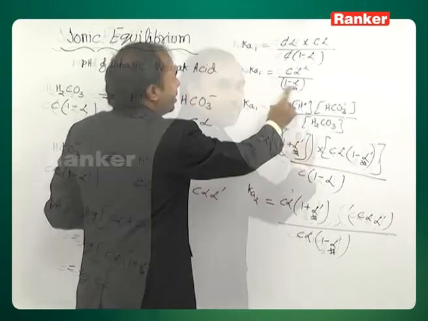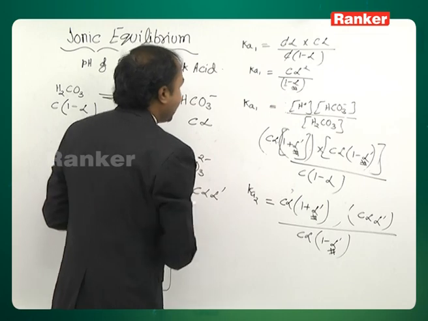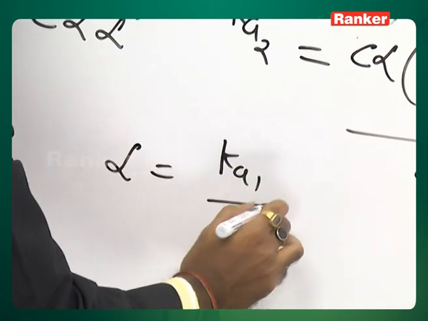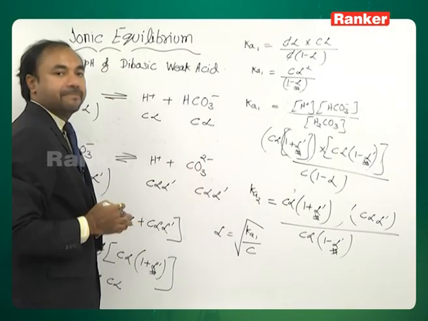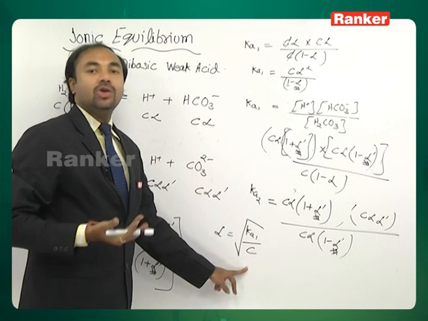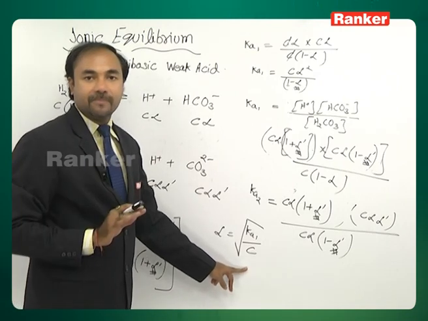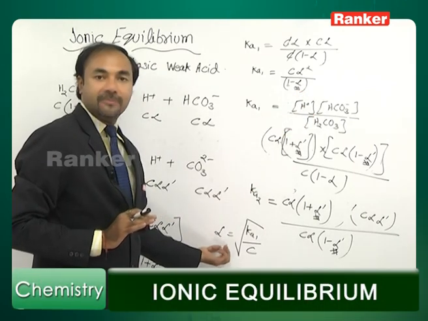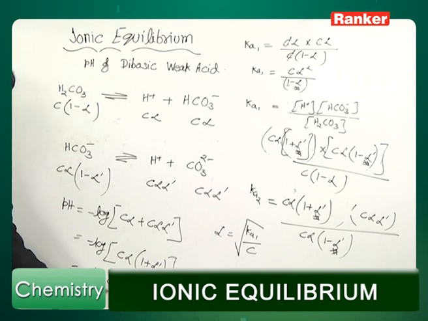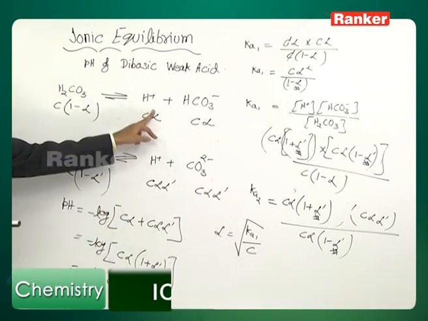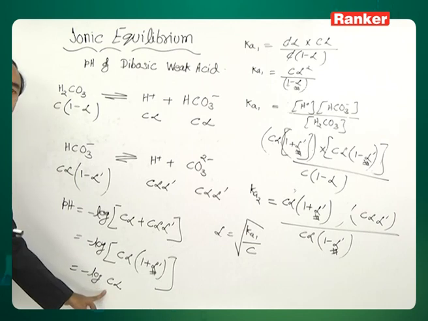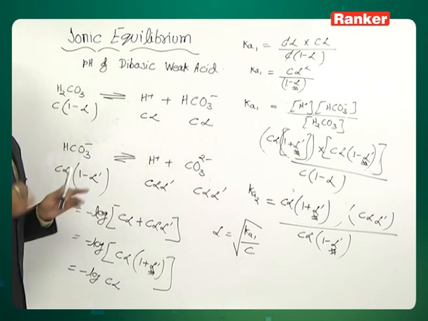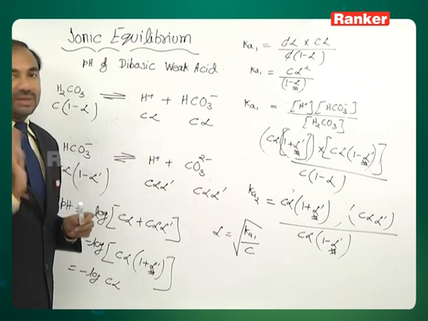If we neglect alpha here, then the equation becomes alpha equal to the square root of Ka1 by C. Exactly the same thing. If the value of alpha comes out less than 0.1, happily ignore it. You get the value of alpha here. Multiply this alpha with C, you get C alpha, which is the first H+ ion concentration. Take minus log of this, you get the pH, because anyhow the second dissociation is not going to yield any significant number of H+ ions.